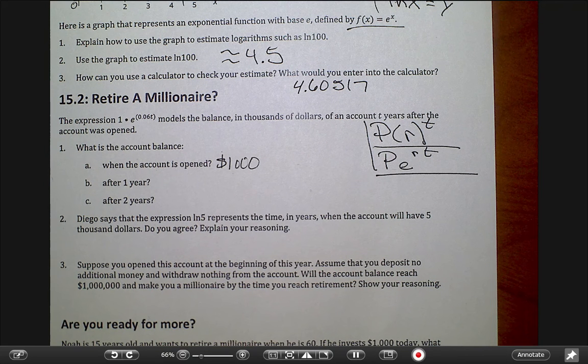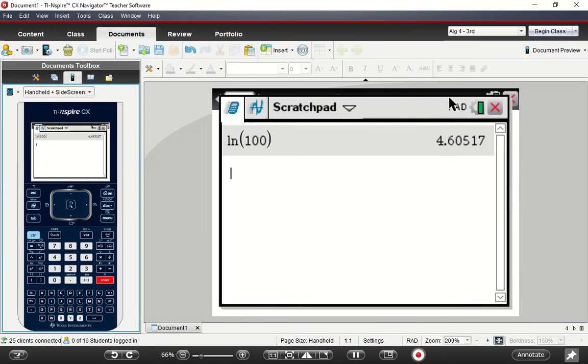I'm plugging in 1 for my t value. You said put in 1 for the t value? Yep, 1 for the t, because it's asking for 1 year, right? And all my t's are in years. So 1 times e to the 0.06 times 1.